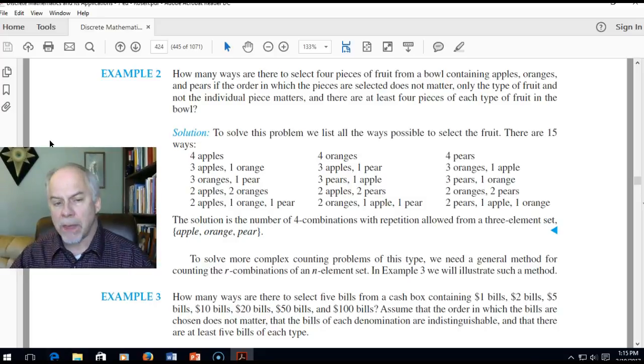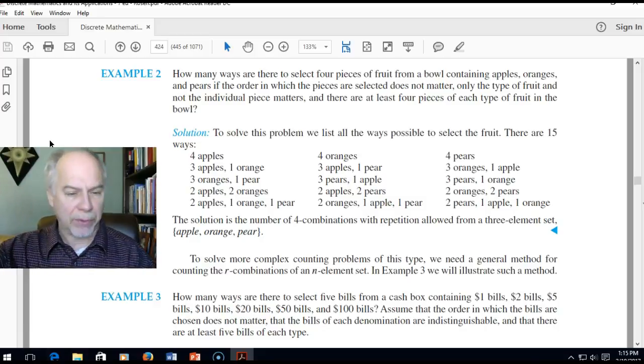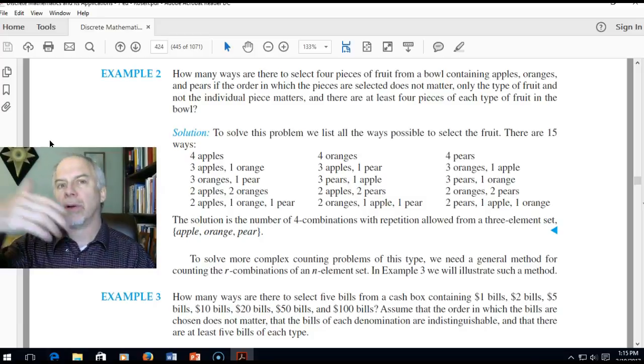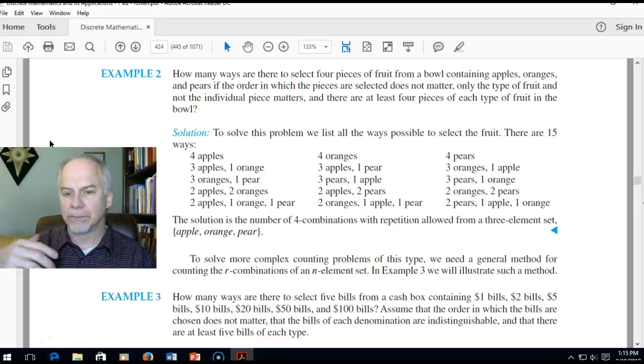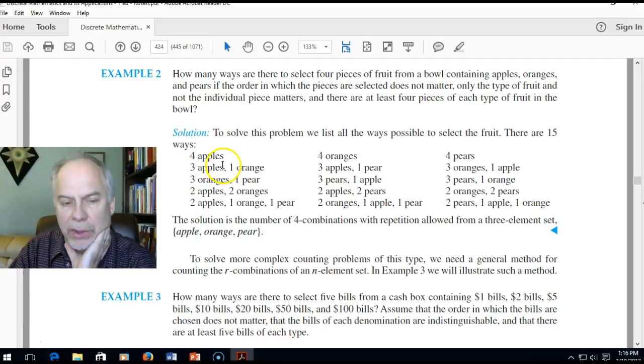Okay, so for this one, it's probably easiest just to list all the possible combinations that you could do. Now, order doesn't matter, so it's combinations. You could have 4 apples, or 3 apples and an orange, or 3 apples and a pear, or 2 apples, whatever. The solution here tries to list them in a systematic way.